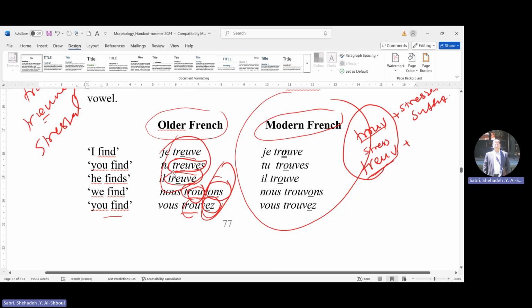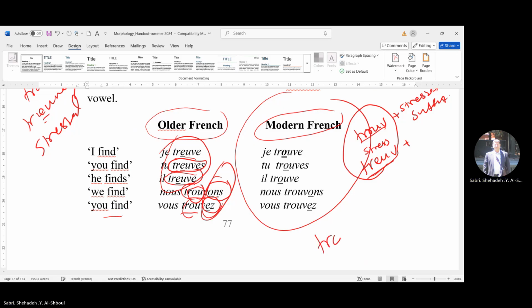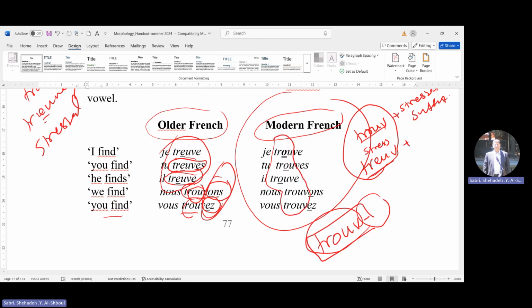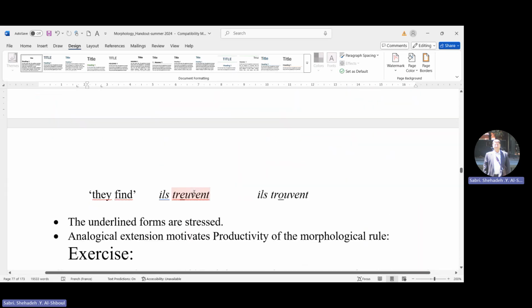So regardless of the position of stress, in Modern French there is a winning form, which is trouv with OU, regardless of whether the stress is on the suffix or the stem.